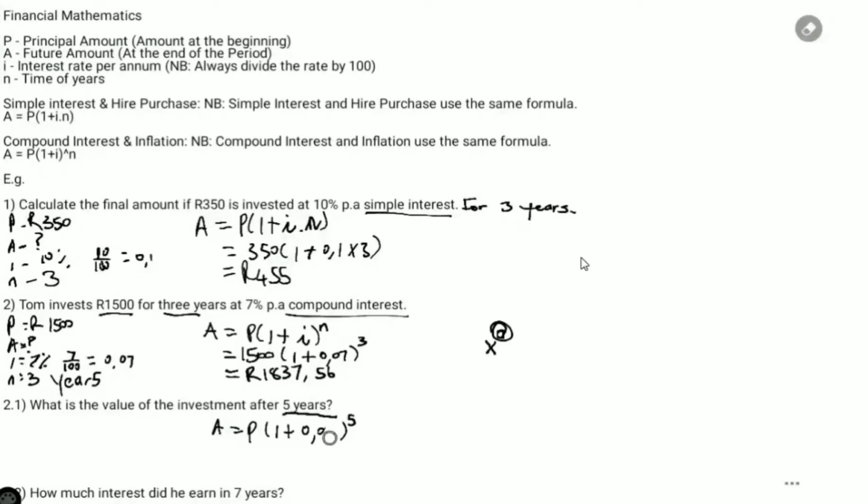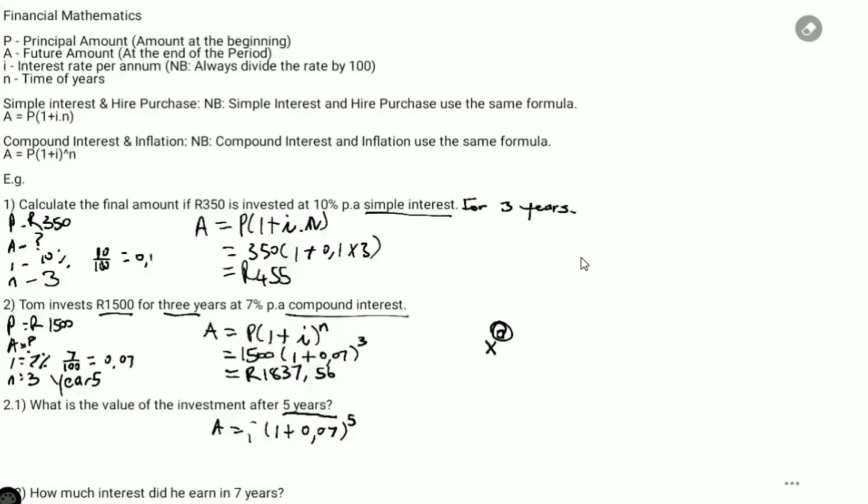Oh, why do I have 0.05 here? It's still 7%, sorry. So now we've got the same calculation. The only difference is the number of years. Let's see what it would be after 5 years.